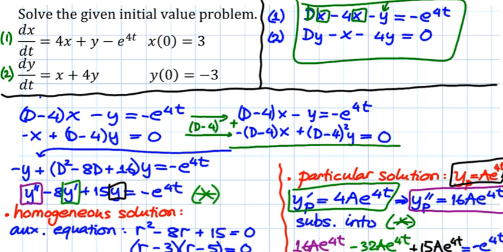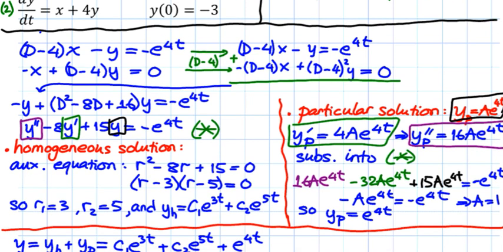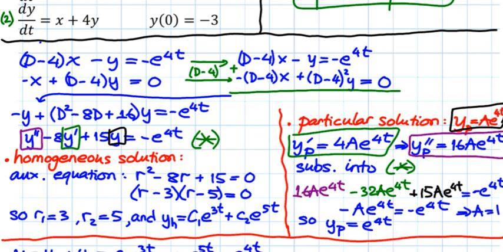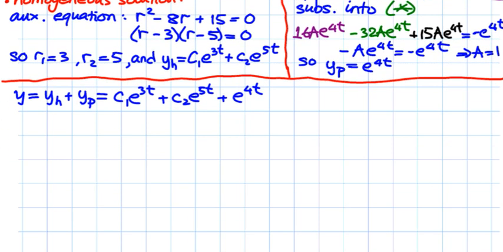Now, if we substitute for y into the second equation, we only have one x there. So the second equation is a lot easier to solve for x because x only appears once. So we're going to substitute into the second equation, which is the derivative of y equal to x plus 4y. So we have that, and then we substitute into the second equation.